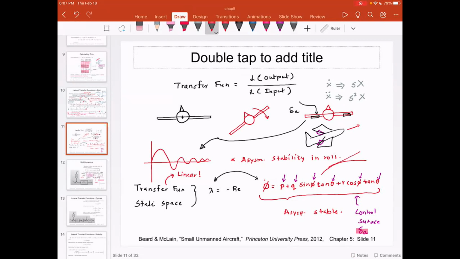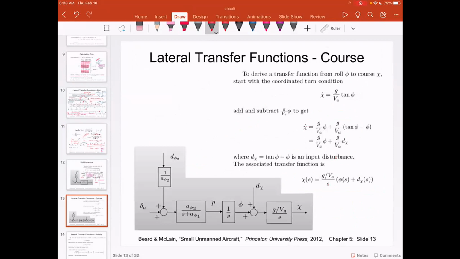Course angle is the angle between the tangent, and this is called chi, and the flight path angle is called gamma. What we want to do is talk about the dynamics of chi with this lateral transfer function.